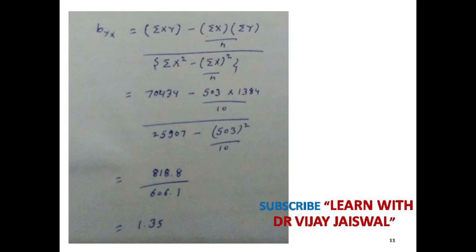In the first case, simple summation x square, we will have to square the x values individually. For the first value we will square the value, for the second value again square, for the third value again square.